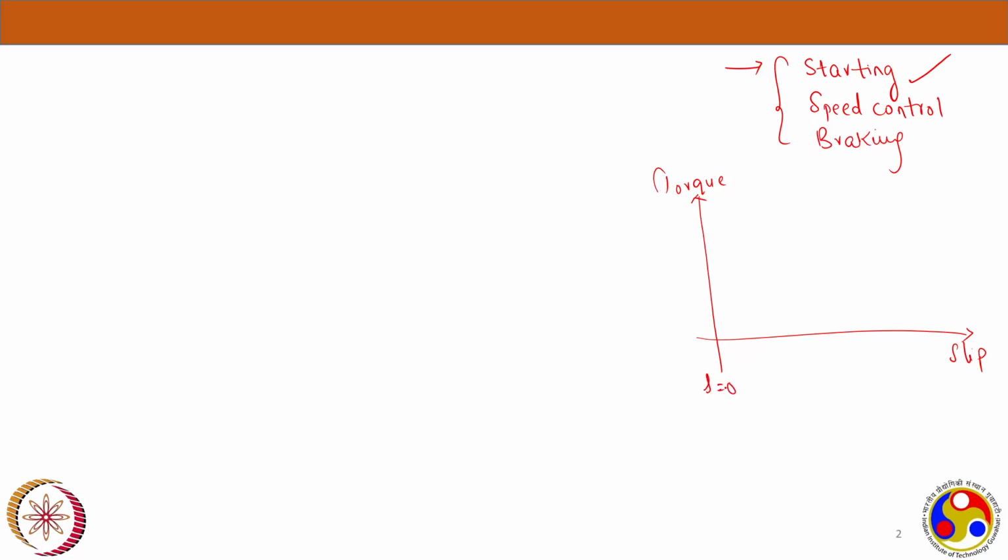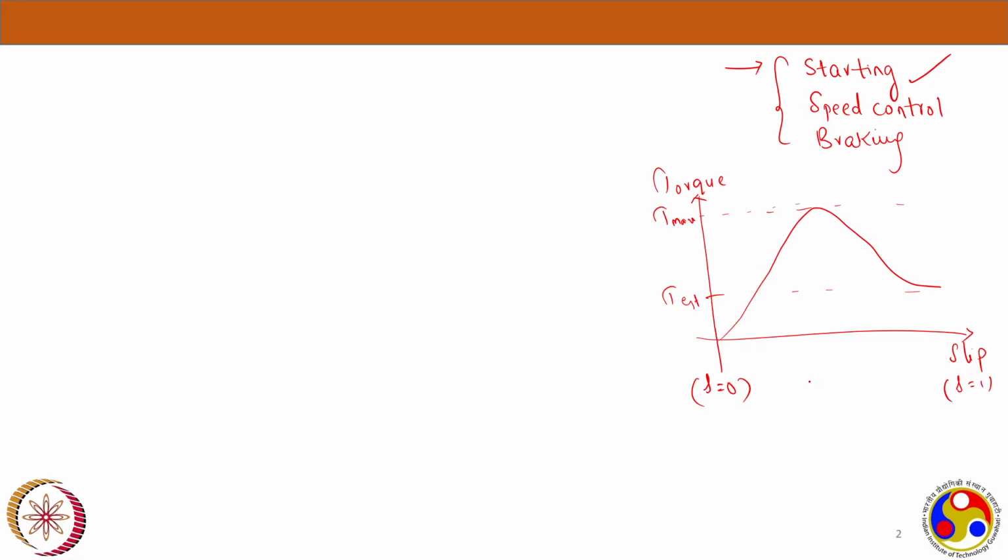So here the slip is 0 and here the slip is equal to 1, and let's say this is the maximum torque line. We start from slip equal to 0 and slowly slip increases, and on the left this is the starting torque.